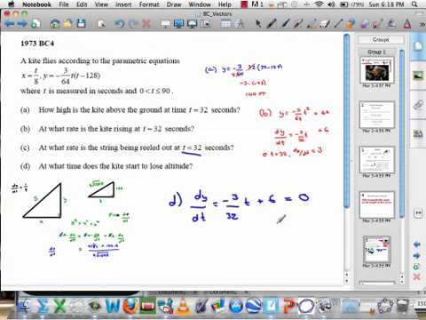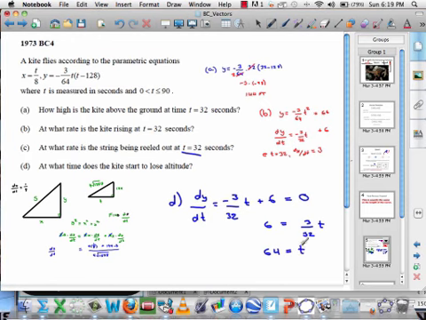Okay, so this will give us 6 equals, negative 3, not negative anymore, it's now positive, so I moved it over to the other side, equals 3 over 32t. And let's see, we're going to divide by 3, gives us 2, multiply by 32, we get 64. So 64 seconds.